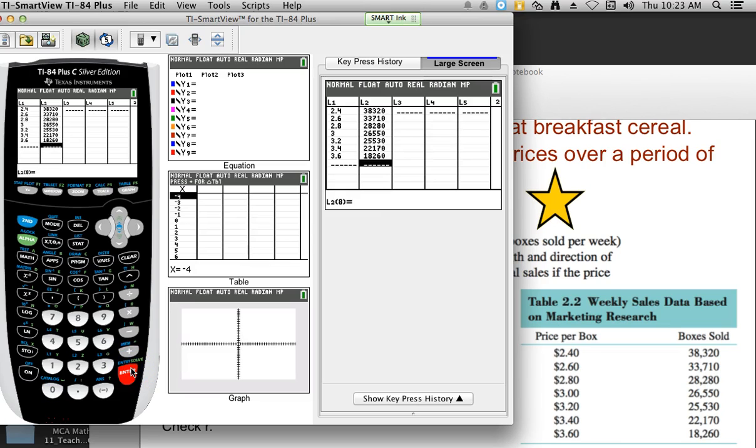And definitely, especially with this one, because it's kind of clunky, double check that those numbers all came out correctly. Looking good.